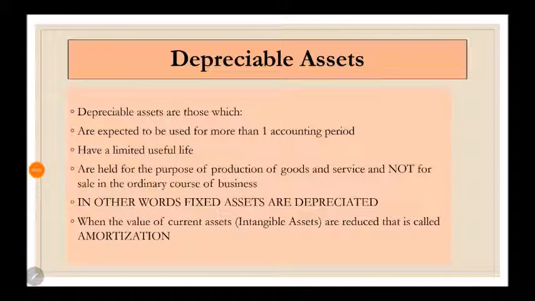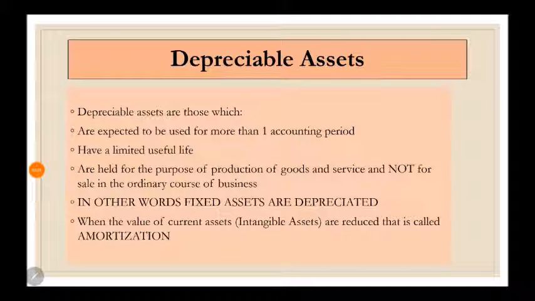What depreciates? In accounting specifically, we look at fixed assets. Fixed assets is what depreciates, not your current assets, right? And depreciable assets, which are normally fixed assets, are expected to be used in your business for more than one accounting year or one accounting period.